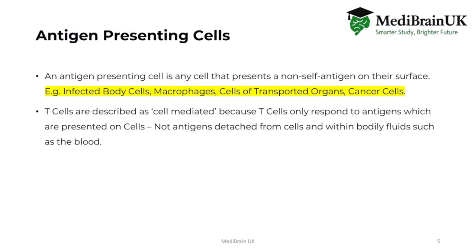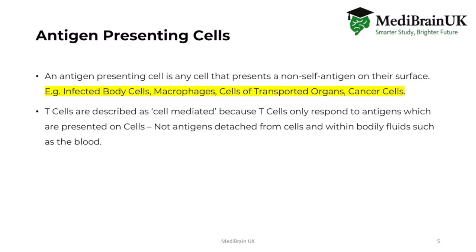For example, when a pathogen enters the body, the antigens present on the pathogen are not known to the body. They are different antigens. So if a macrophage or a phagocyte presents the antigens from the pathogen, those are non-self antigens because the phagocyte doesn't recognize them. They don't belong in the body. They've come from a pathogen. So an antigen presenting cell is presenting antigens which don't belong in the body.